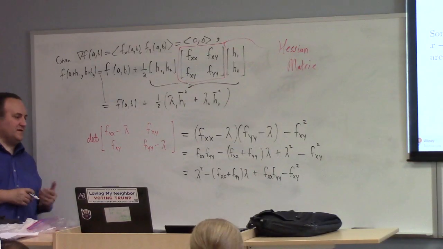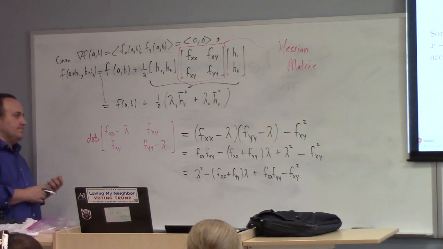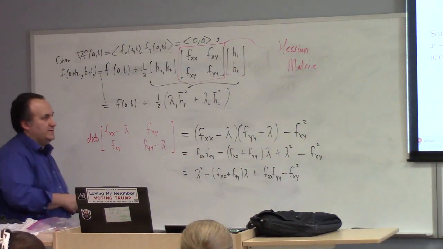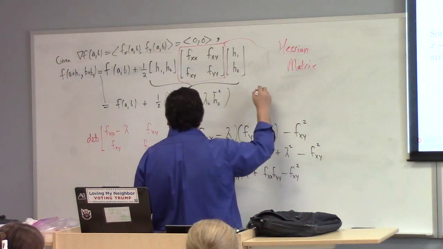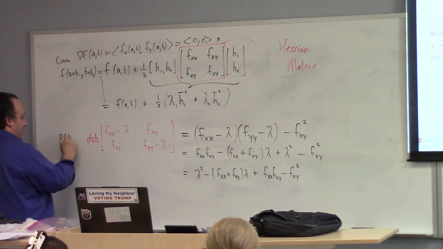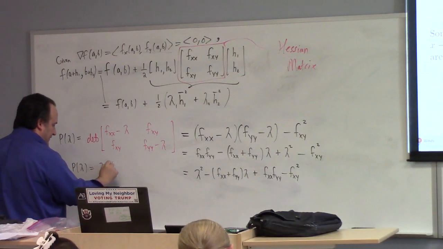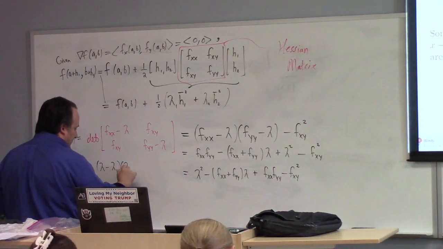Now, we don't actually need to solve this characteristic equation. We should be smarter than that. What's the deal with the characteristic equation? If we think about it, let's call this P of lambda. P of lambda has the form lambda minus lambda 1 times lambda minus lambda 2.